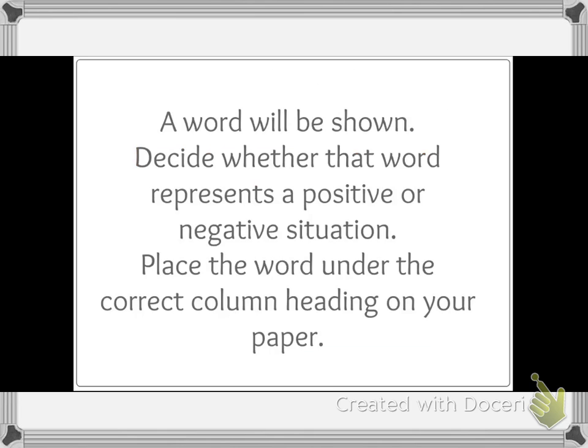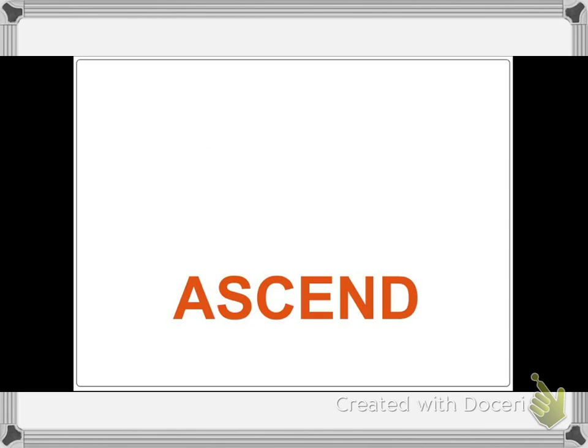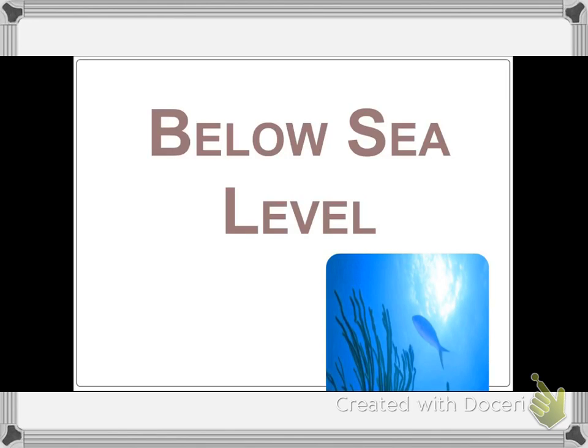So here's our first word. That first word is going to be ascend. When you think of the word ascend, you are going up. So this is actually a positive word. So the word ascend should be on the positive side of your chart. Below sea level, if you think of it on a vertical number line, this is where sea level would be.